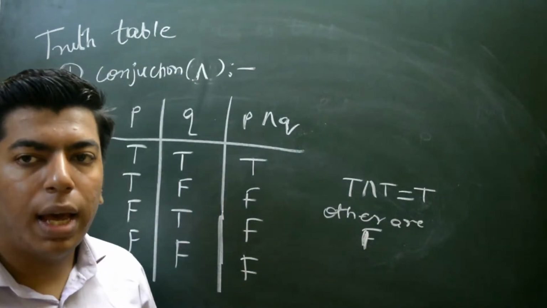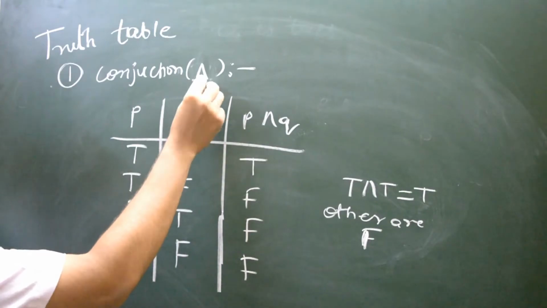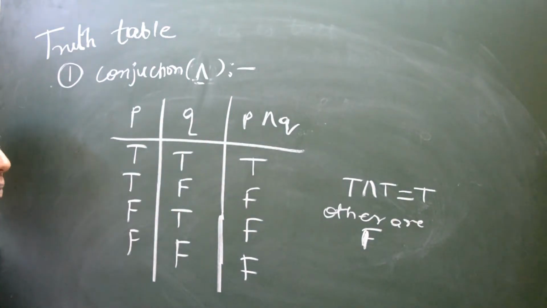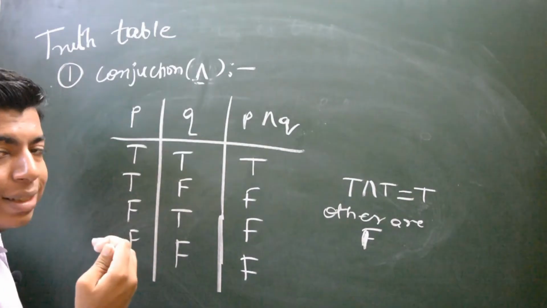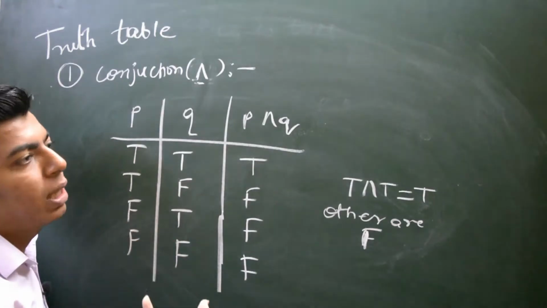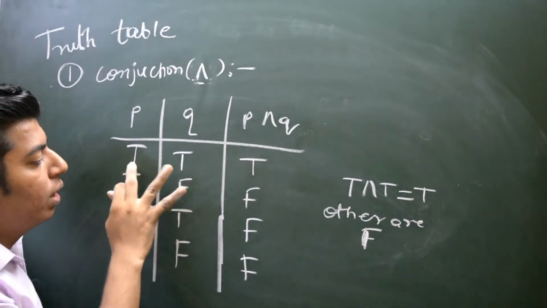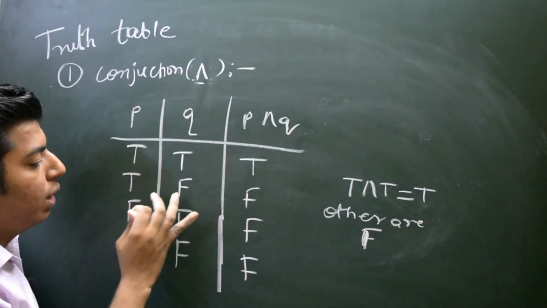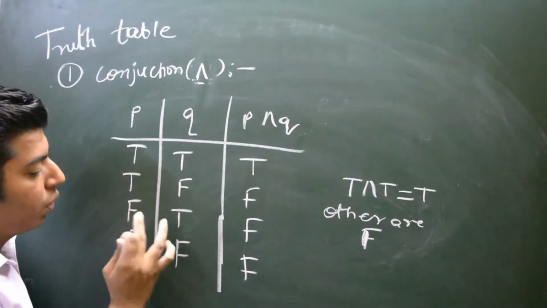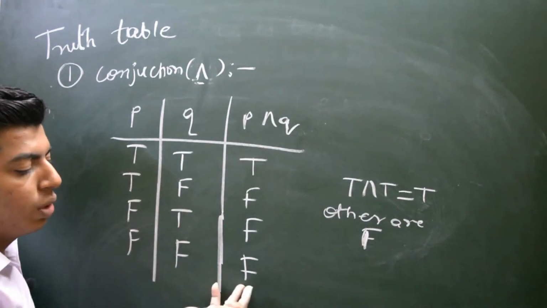So now we have to learn conjunction, whose symbol is denoted like this, and P, Q, this is the truth table. You can simply remember this as multiplication. Okay, so consider T as 1 and F as 0. 1 into 0 is 0, that is F is 0. 0 into 1 is 0, that is F is 0. 0 into 0 is 0.